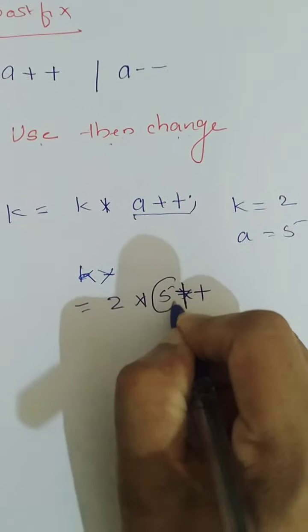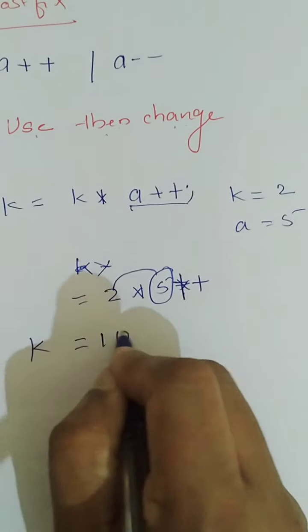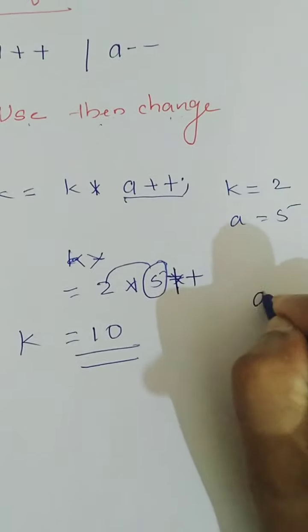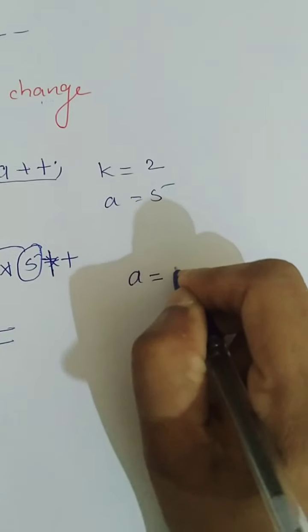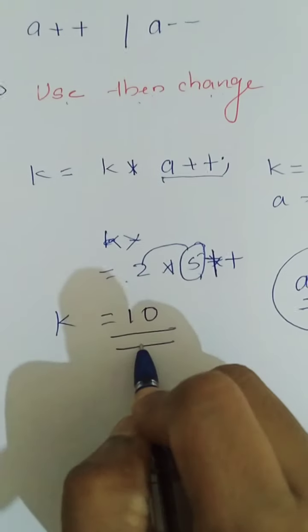First it will use, so it will be used, that is k is equal to 10, and then only it will change into 6. a's value will be changed after using. k's value is 10, not 12. You can see the difference here.